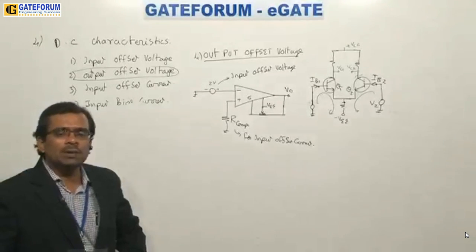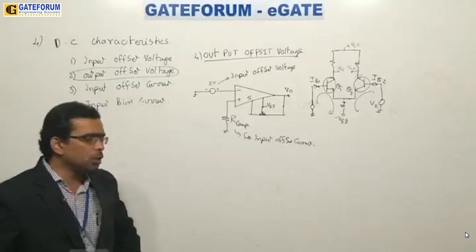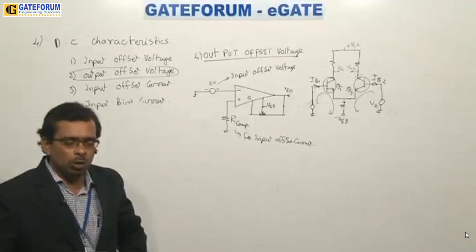Now I repeat, the voltage given at output to make the output voltage 0 is called output offset voltage.